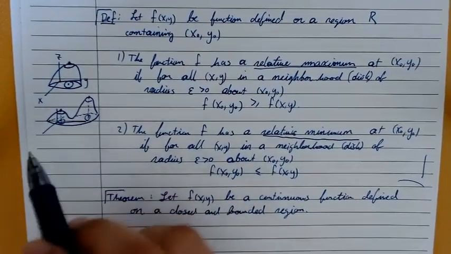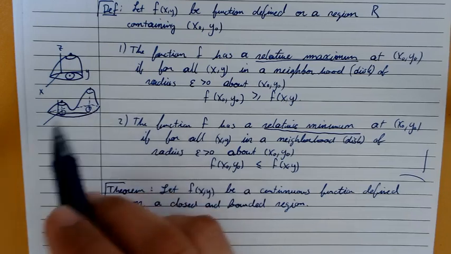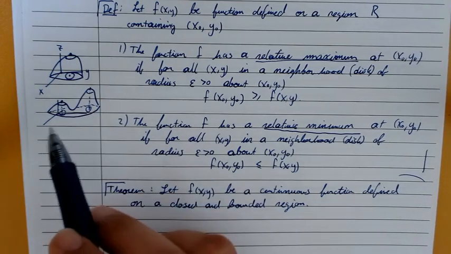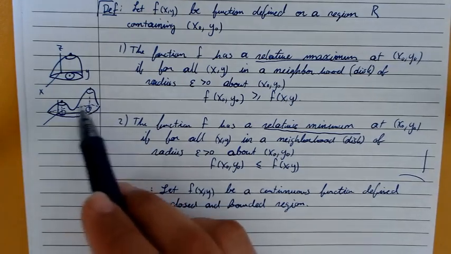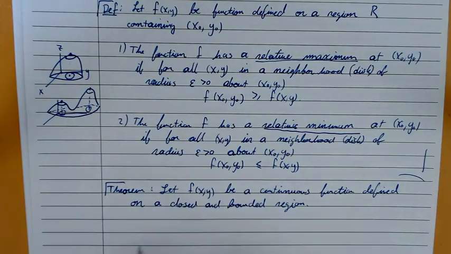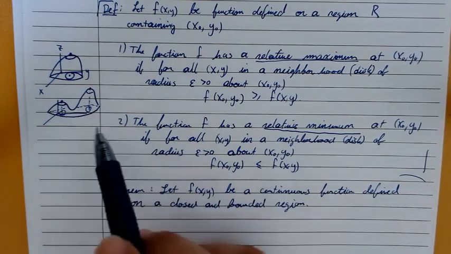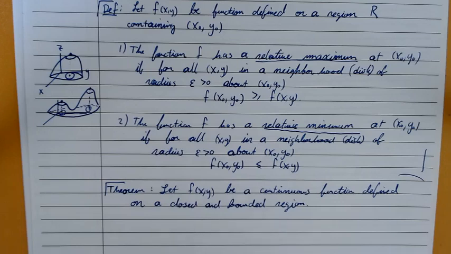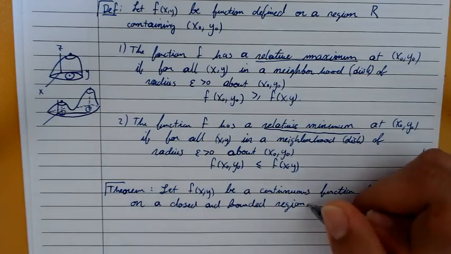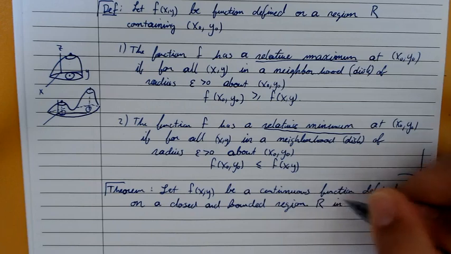It's bounded, it doesn't go on forever. It's closed, meaning it includes all of the boundary points. So all we're saying is our domain doesn't go on forever. It's got a clear boundary around the domain. So f of x comma y is a continuous function that's defined on a domain that's clearly demarked and bounded. We'll call that region R in the xy plane.